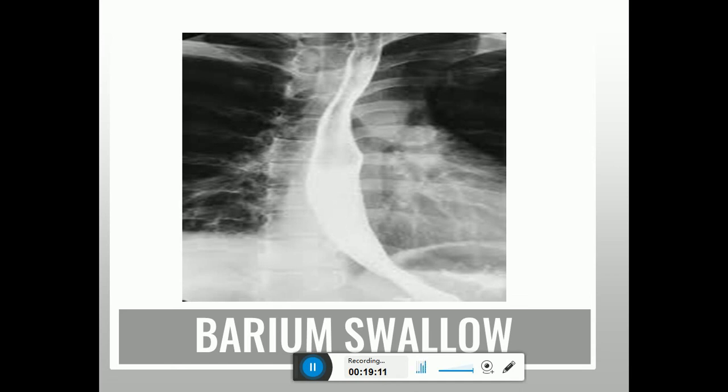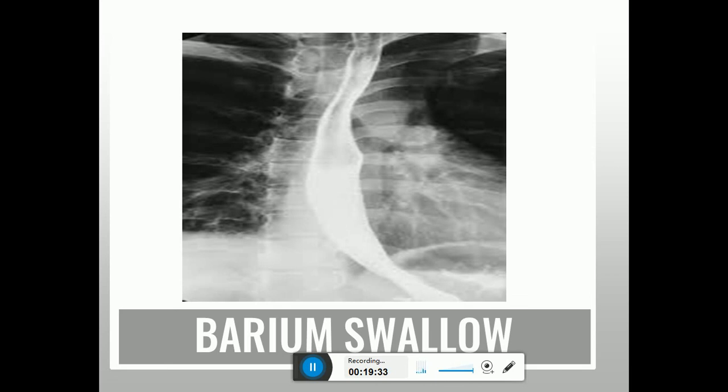Now, on what principle does this barium work? As soon as the patient is given barium, once it is taken from the mouth, it will enter into the esophagus, stomach, then small intestine, large intestine.